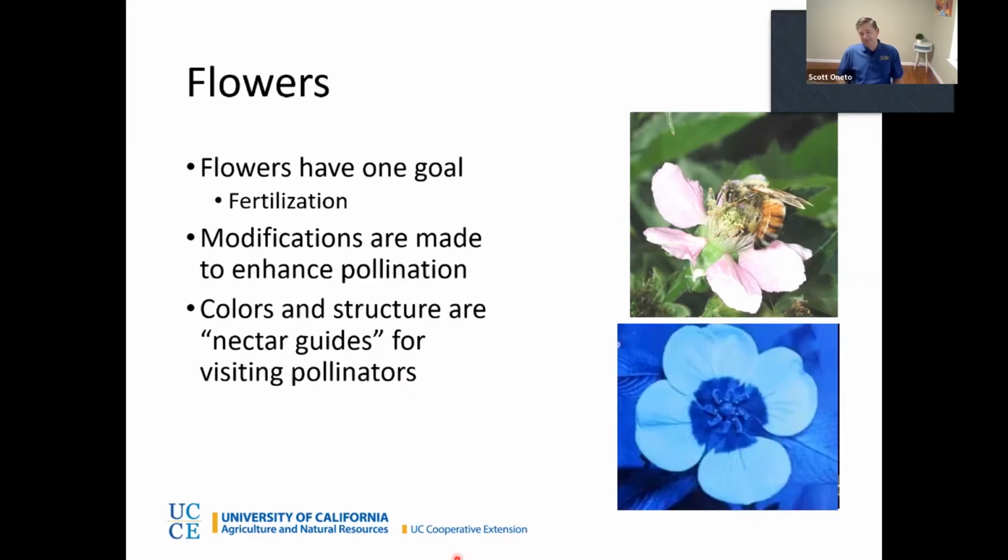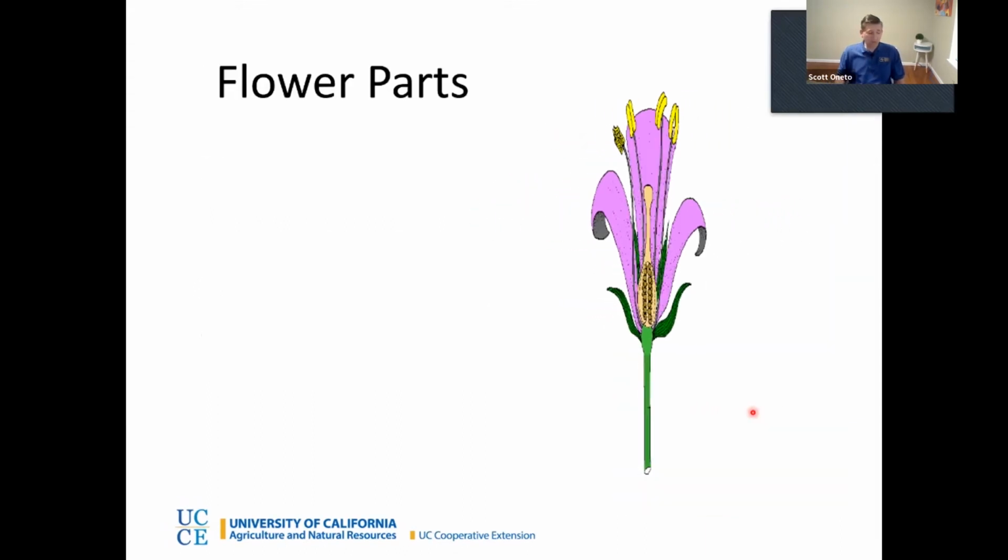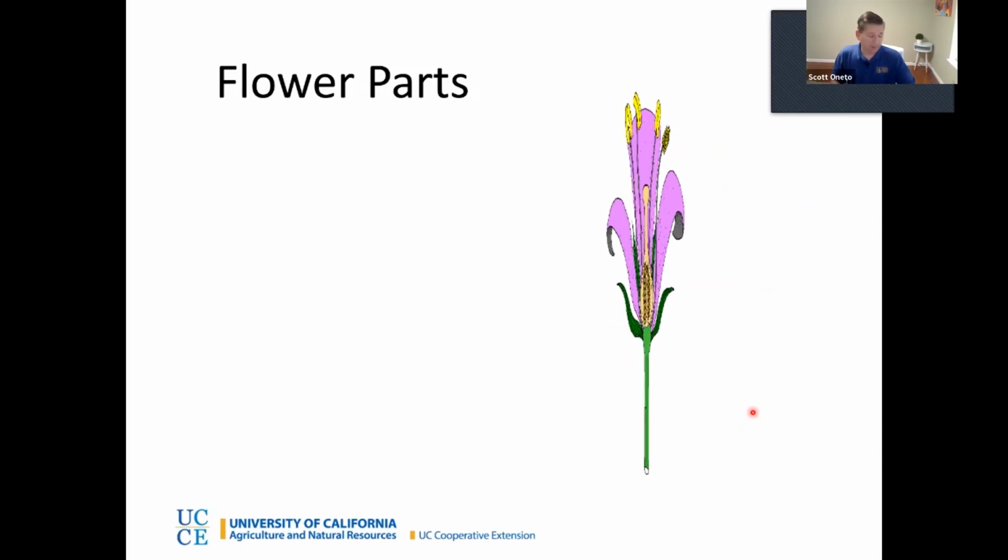And if you were to look at what it looks like to a particular insect, you can see that it looks very different. It has very dark colors around the reproductive parts to try to attract that insect to the flower.